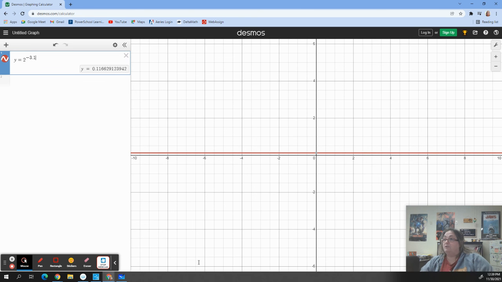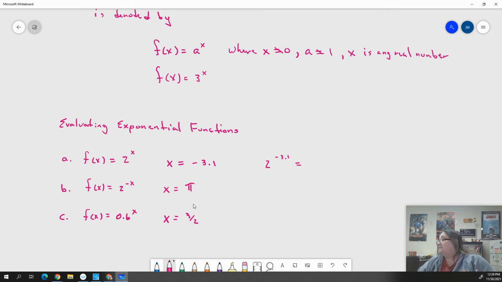And if we look at our solution right here, we've got 0.11669291. And you're going to reduce that to however many. It'll usually tell you, like in your homework, it'll say reduce to a certain number of decimal points.